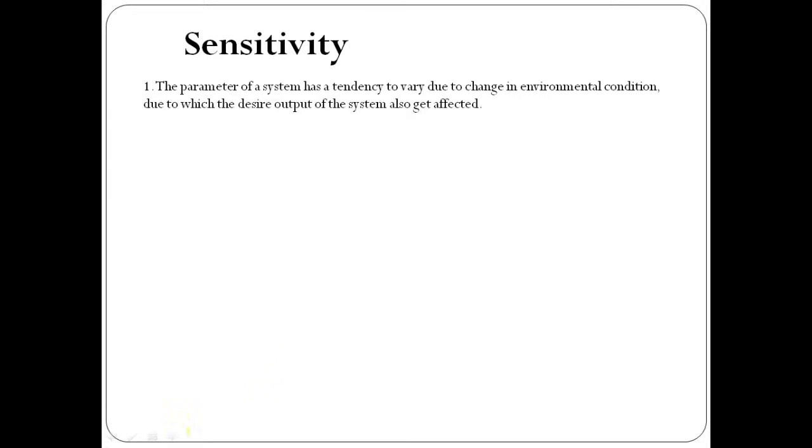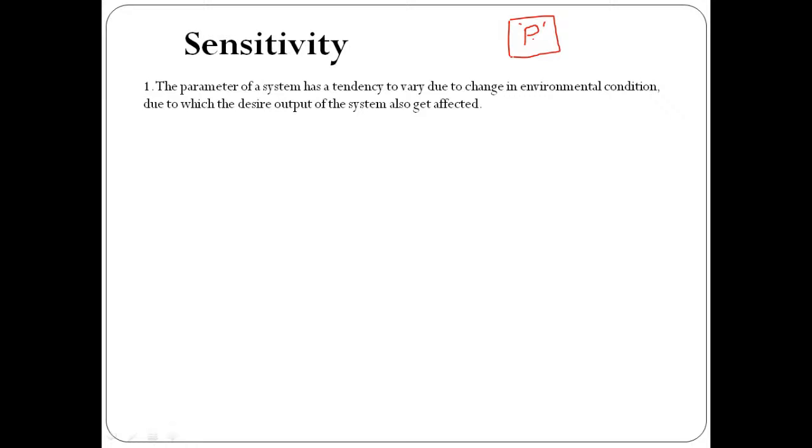That means, suppose we have a system, and it is made up of some parameters. Suppose we have a system indicated by this block, and inside this block we have some parameters which are responsible for the formation of that particular system.